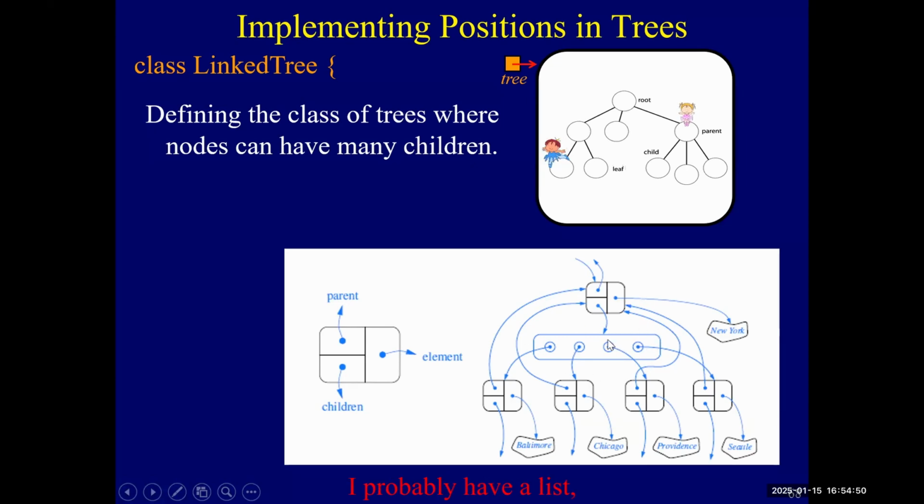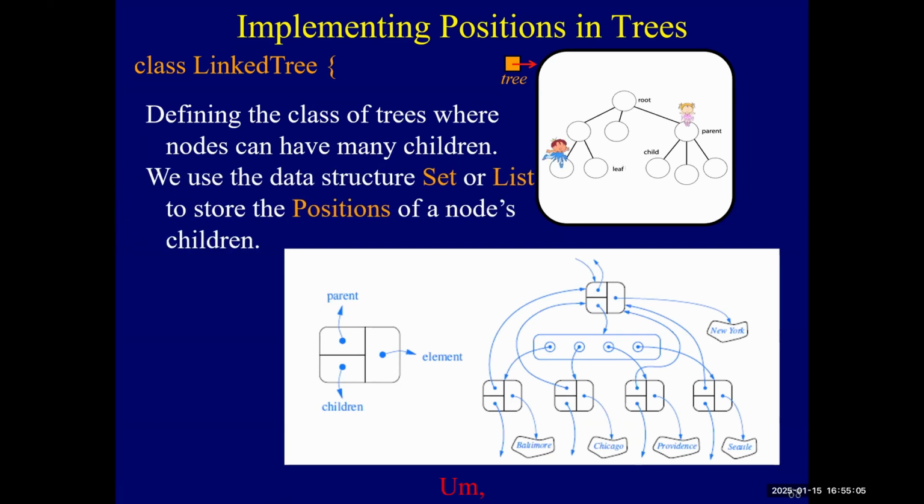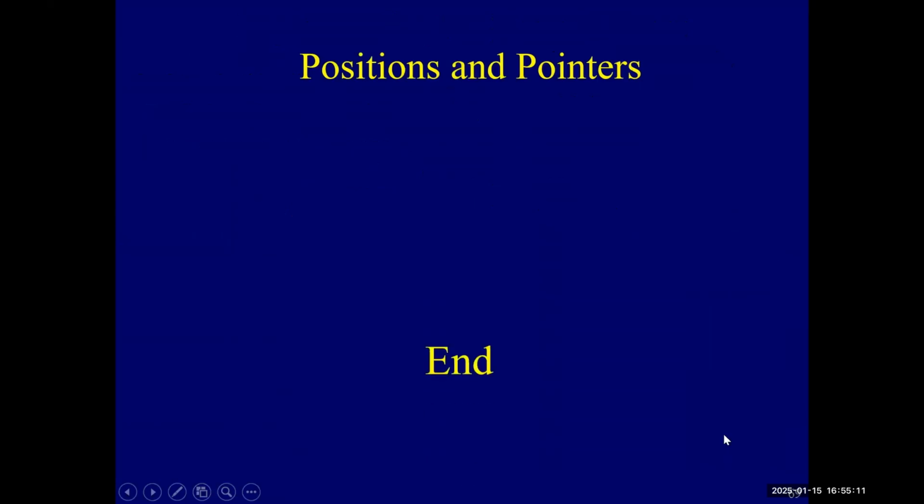What do I have? I probably have a list of children, right? And so here's my list of children, and each one points at one of the children, right? Does that make sense? Set or list for storing the positions of all your children. And that is the end of those slides.